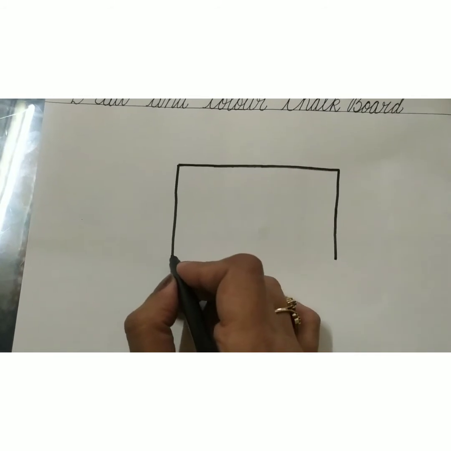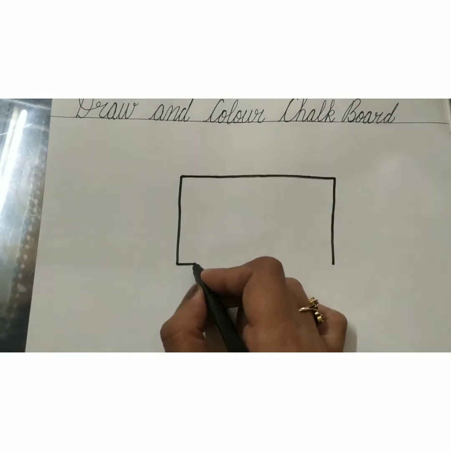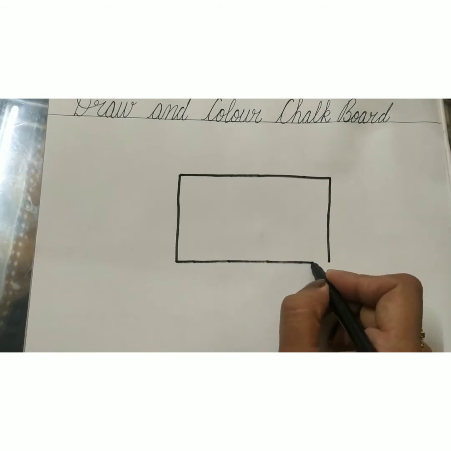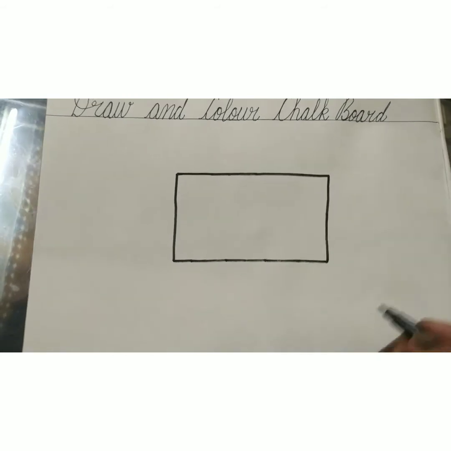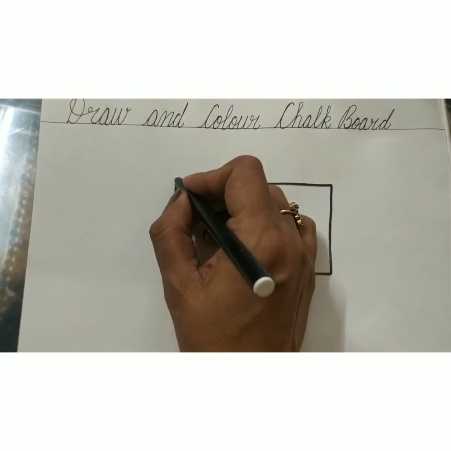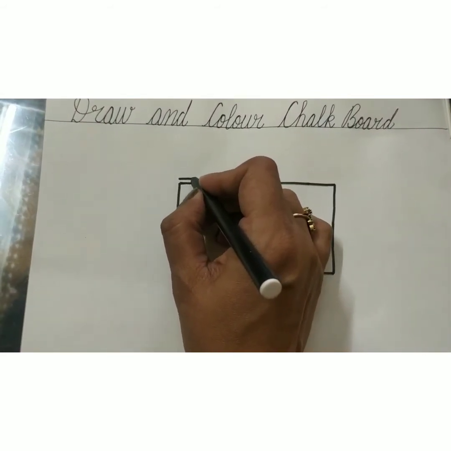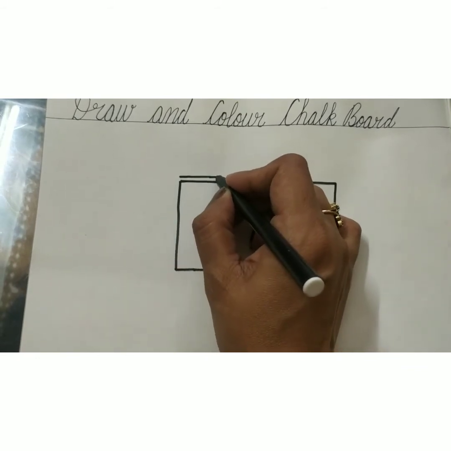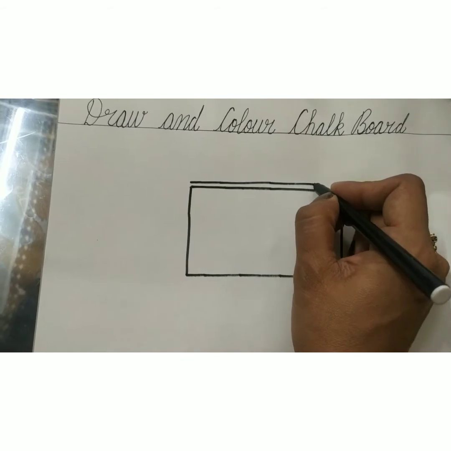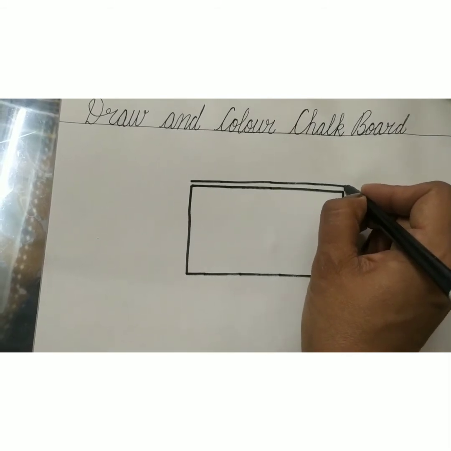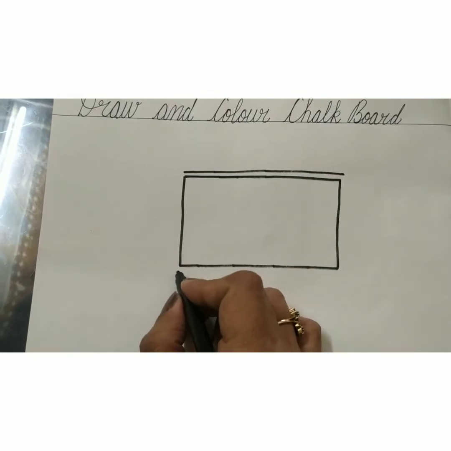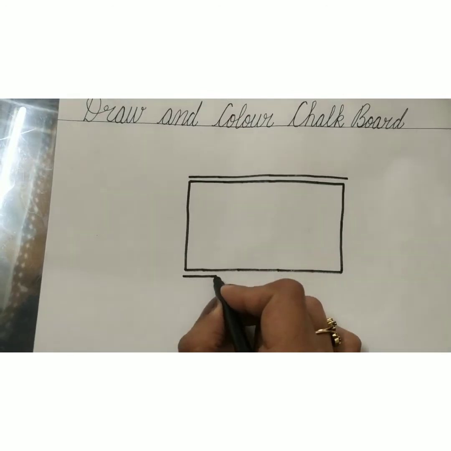And then draw one more sleeping line. Now draw one more sleeping line for outline of the rectangle. Like this.